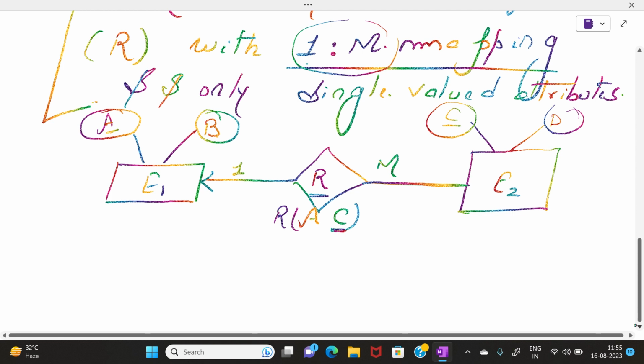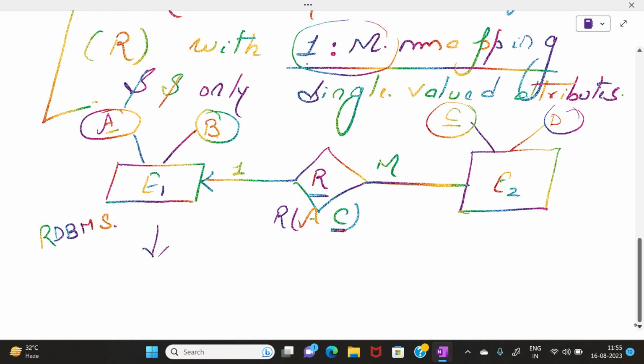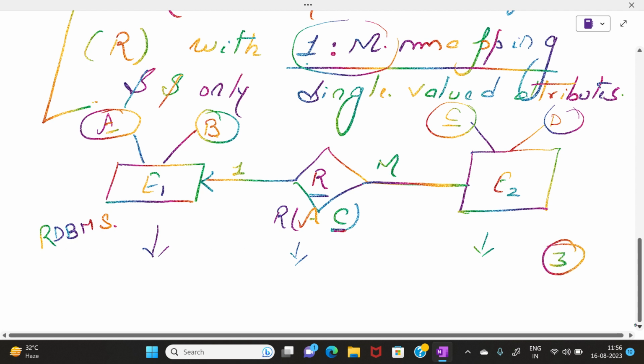Now, if we have to make the RDBMS tables, we can have this as a separate table, this as a separate table, and this as a separate table. So there will be 3 tables in all. But let's say we need the minimum RDBMS tables. That means 2 or more tables need to be merged.